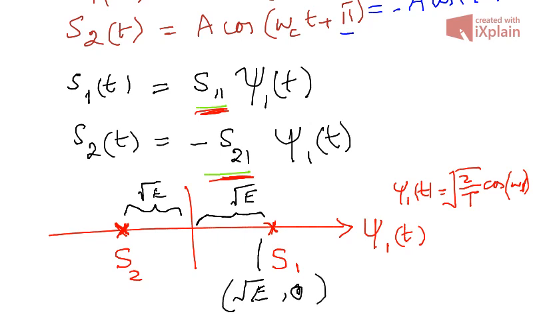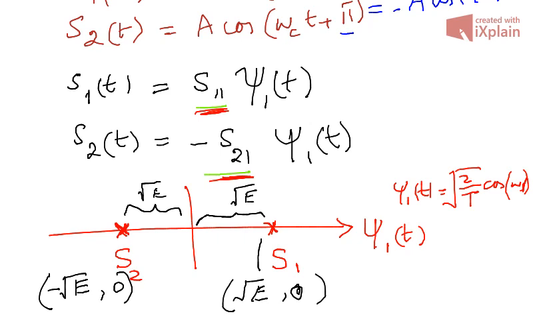No vertical component, right? Similarly, here it would be minus square root of E and 0. You can find the energies of these signal points. Just try to find out the energy of S1 and the energy of S2.